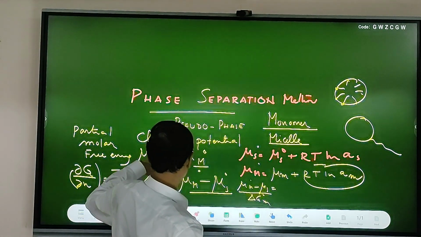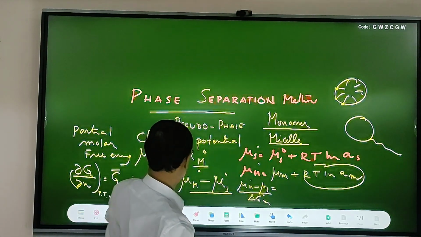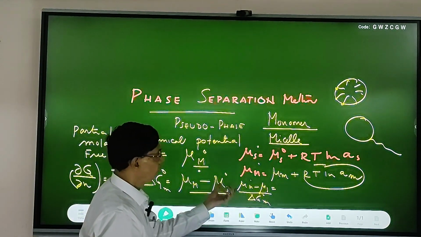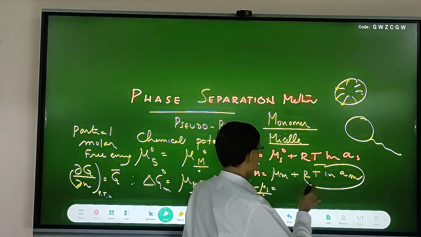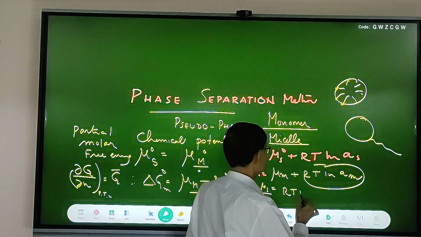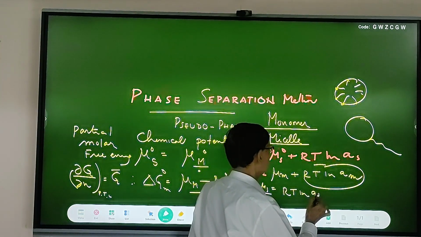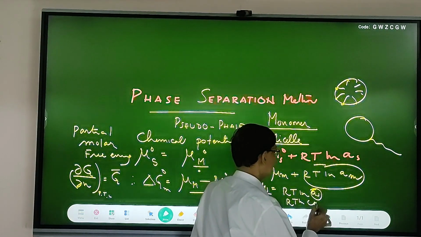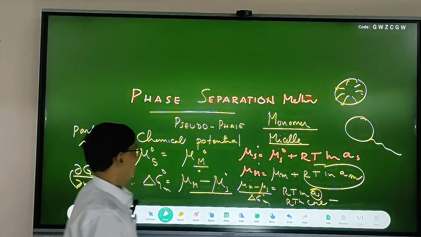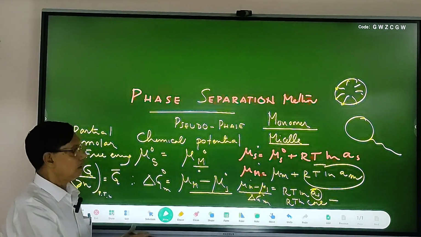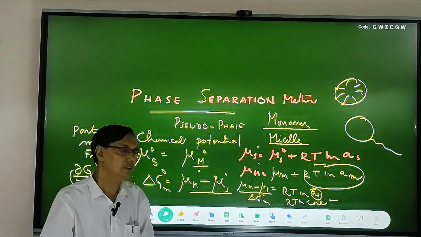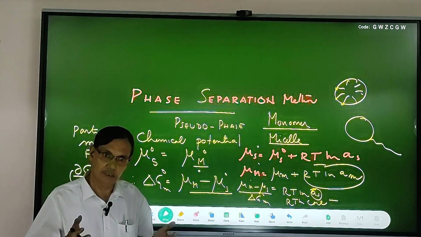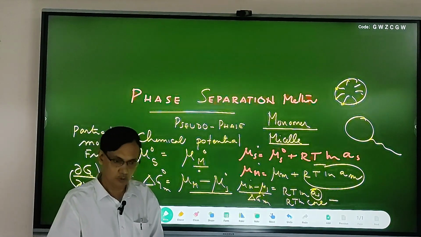And in normal cases, again it is an assumption that the standard chemical potential of S is equal to 0, and so we can consider RT natural log of S, and here is the same natural log of CMC. So whether it is a phase separation model or a mass action model, you can determine the delta H, delta S and delta G of micellization.